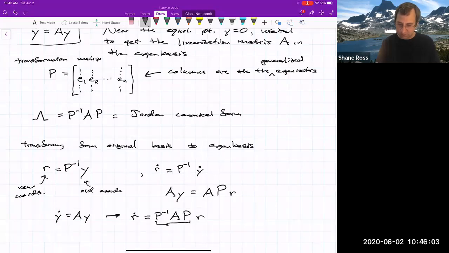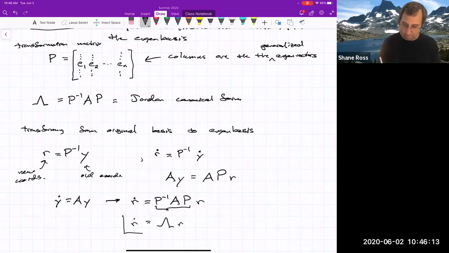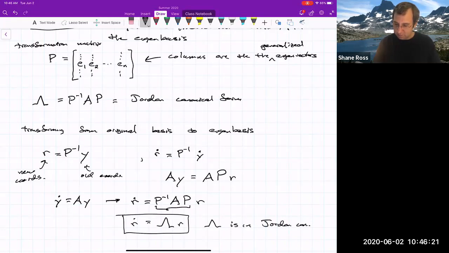Well, this is just our dynamics written in the eigenbasis. So that's lambda. So R dot equals lambda R. So lambda is in this Jordan canonical form. It's going to be a block diagonal form, and it's the simplest way to write the dynamics.